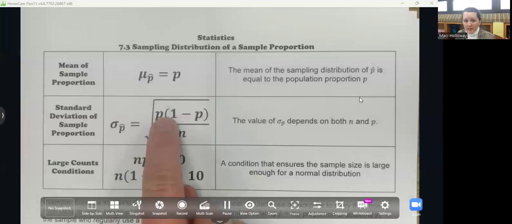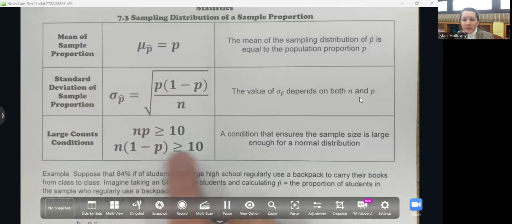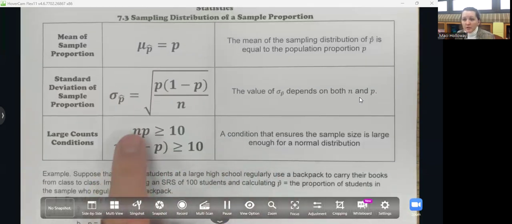Remember, that's our success probability times our failure probability, divided by the sample size. And then there's a condition that ensures the sample size is large enough for a normal distribution. When we meet these conditions, we have an unbiased sample, so we can get an actual good count of what we're doing.